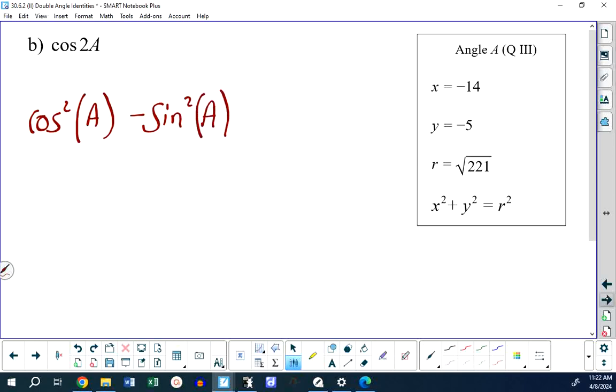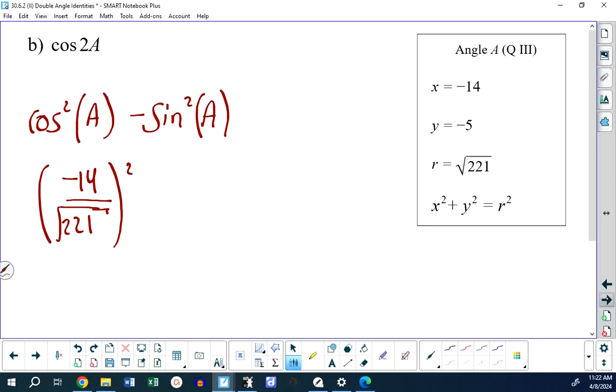Don't really need the brackets there. So what is cosine of a? It's negative 14 over root 221. And we have to square that, because cos squared means take the cosine, which is negative 14 over root 221, and square it.